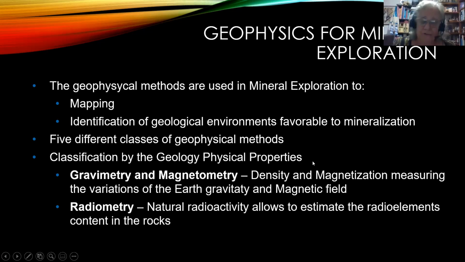So we have gravimetry and magnetometry for density and magnetization, measuring the variation of the Earth's gravity and magnetic field. Radiometry uses natural radioactivity to estimate the radioelement content in the rocks.